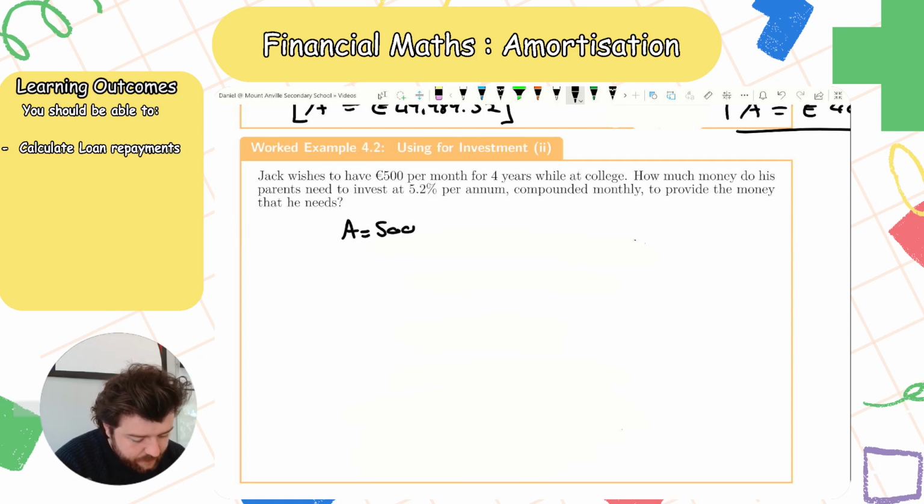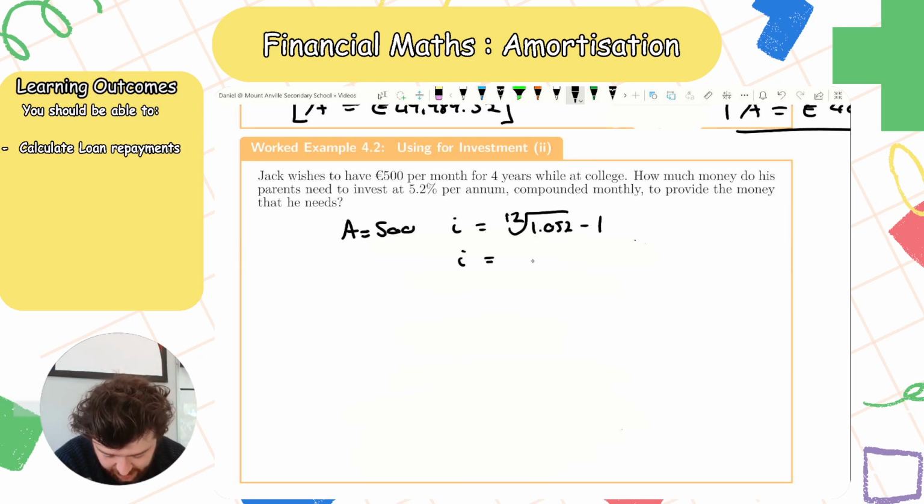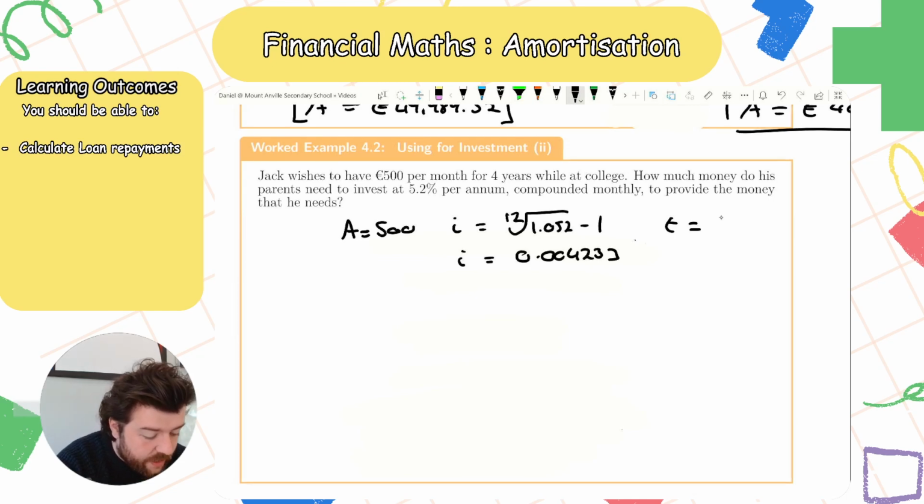My interest rate is just going to be the 12th root of 1.052 minus 1. I, in this case, is going to be 0.004233. T, well, 500 per month for 4 years, so it's going to be 4 times 12, which is 48 repayments.